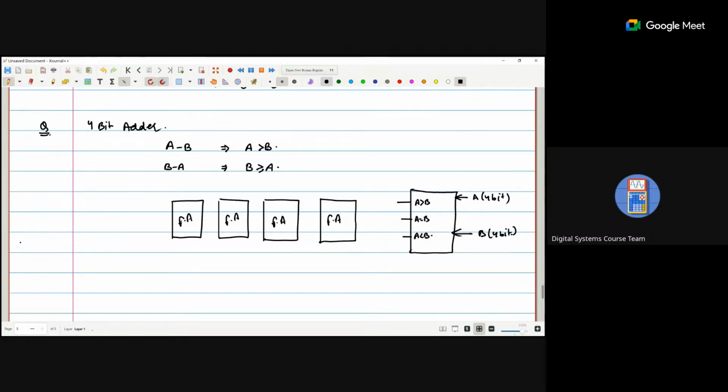Now when A is greater than B, we have to calculate A minus B. So can I write it as A plus B bar plus 1? Okay. And if I say it is B greater than or equal to A, so it is B plus A bar plus 1, because we have to implement B minus A.